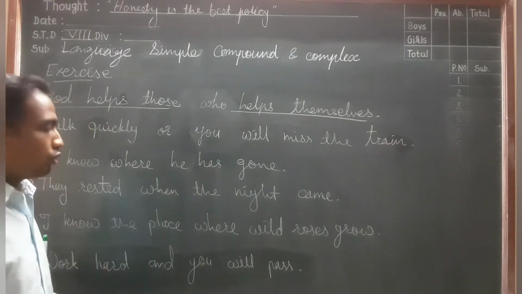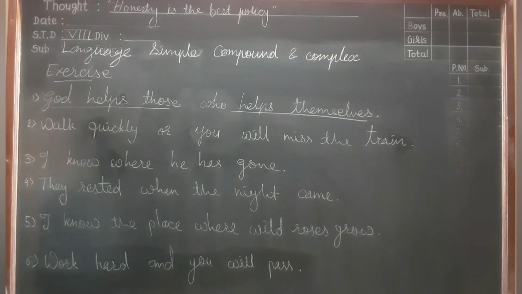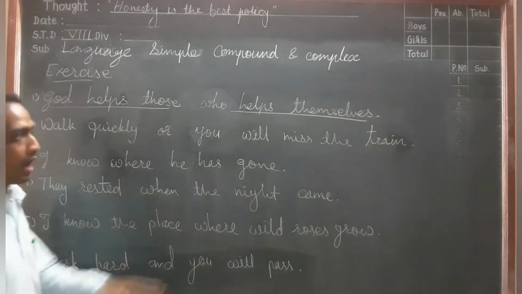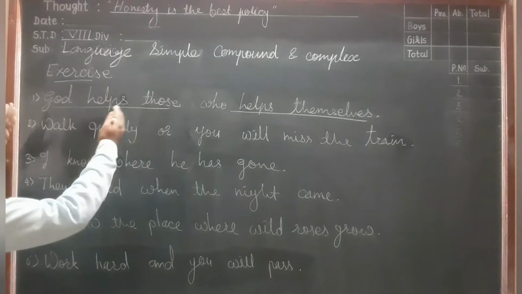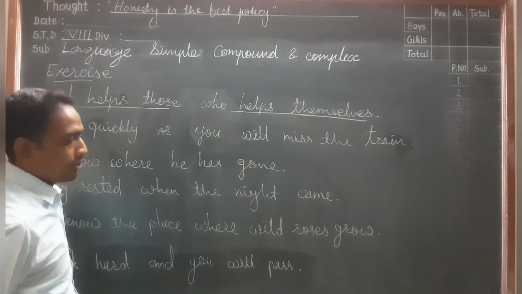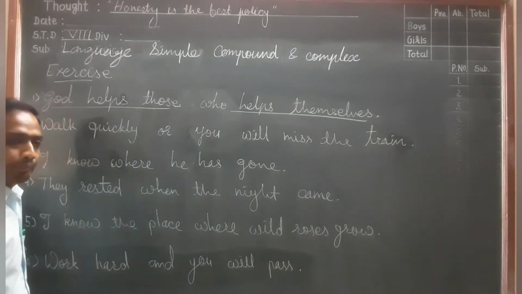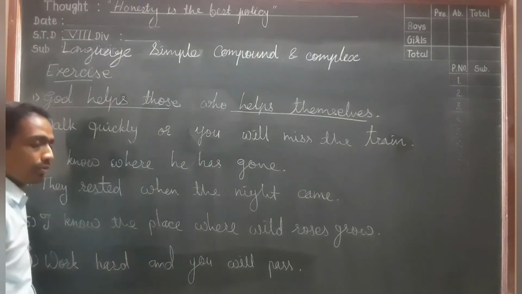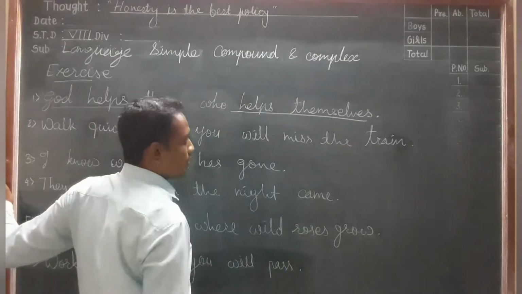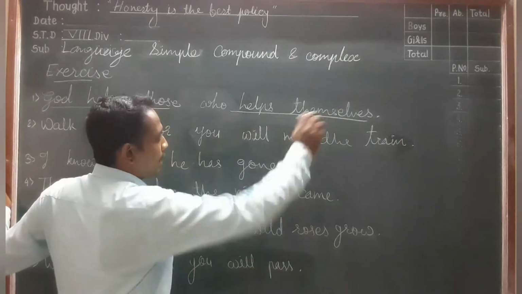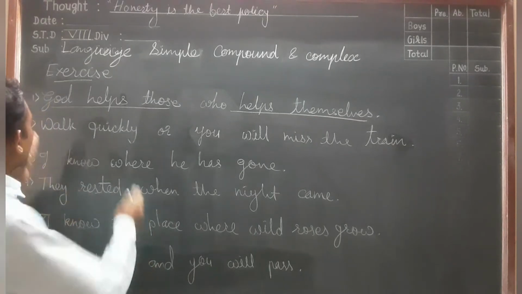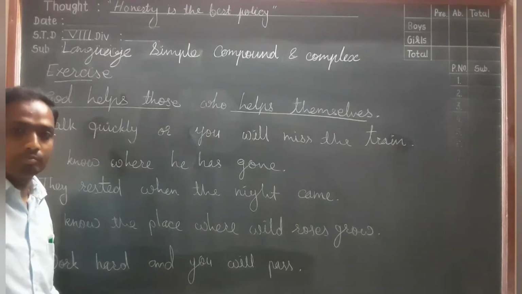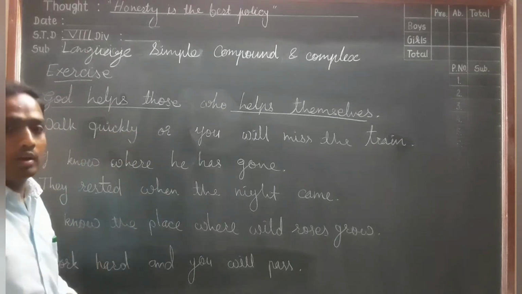Students, here you can see some examples. First example: God helps those who help themselves. Two clauses are there. First is God helps those, and second is who help themselves. God helps those stands on its own.